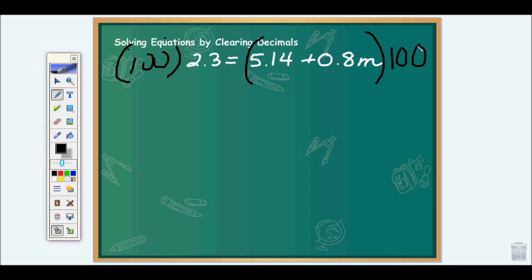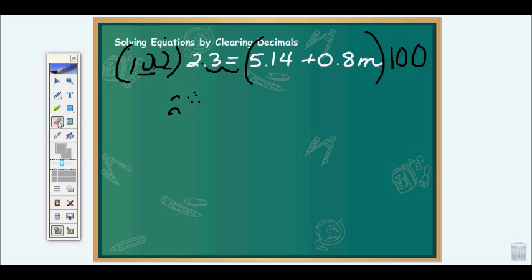Now, if you remember how we multiply with decimals, if I'm going to multiply by 100, I look at the number of zeros, and that's how many times I move the decimal. So I'm going to move the decimal twice, so I need to give it a placeholder. So 2.3 changes to 230.